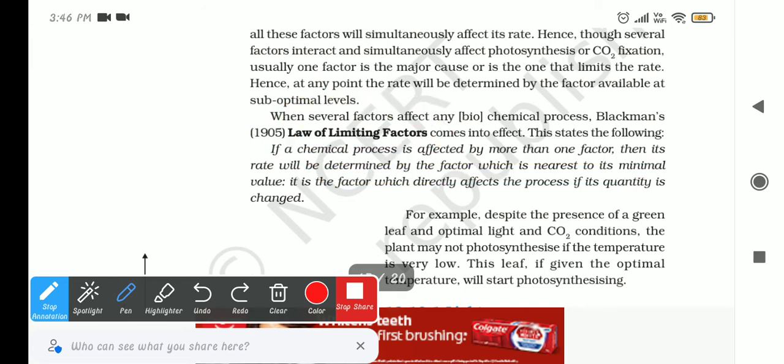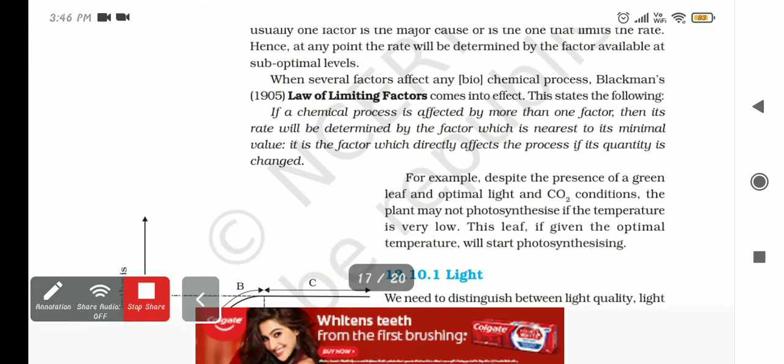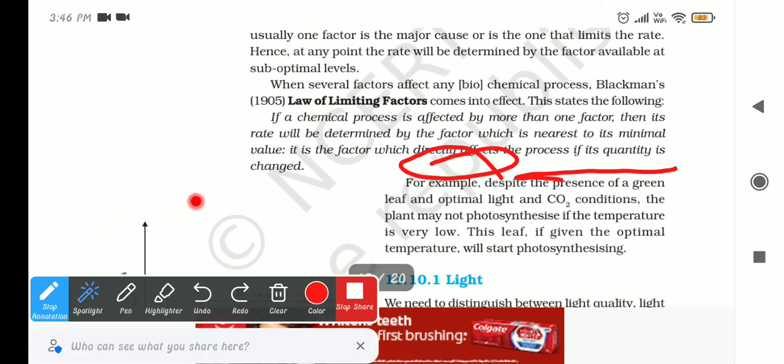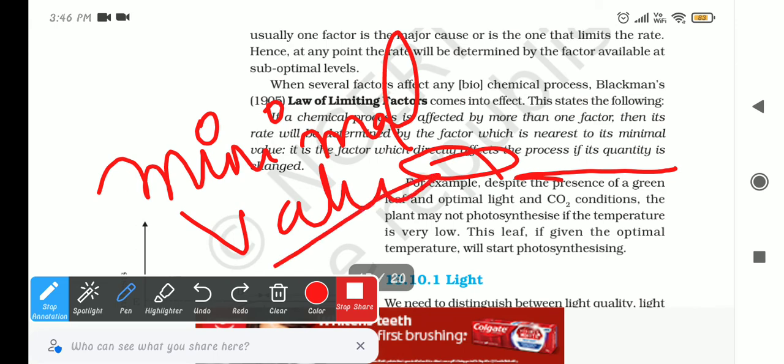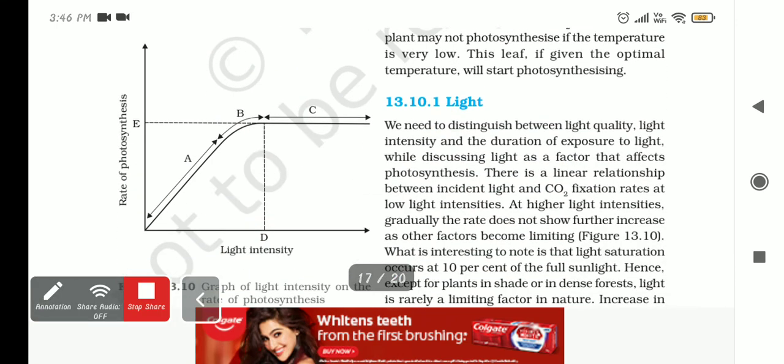If a chemical reaction is affected by more than one factor, then the rate will be determined by the factor which is nearest to its minimal value.